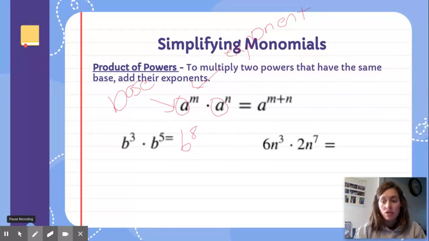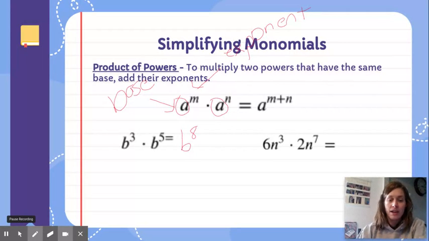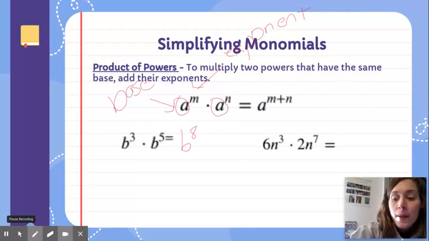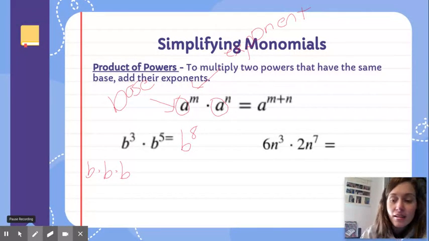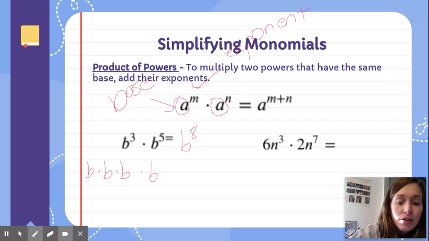Now, I'm going to show you why that works. We broke this down last year, so maybe this will come back to you. B to the third is the same as saying we have b times b times b, right? The exponent tells me we're multiplying b 3 times. B to the fifth is b times b times b times b times b.